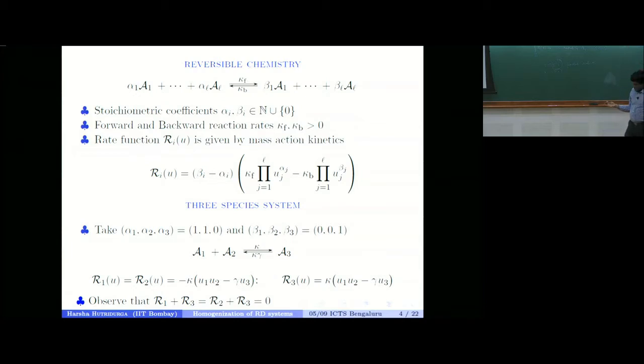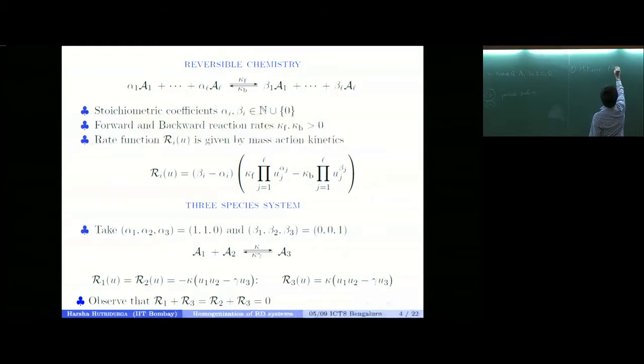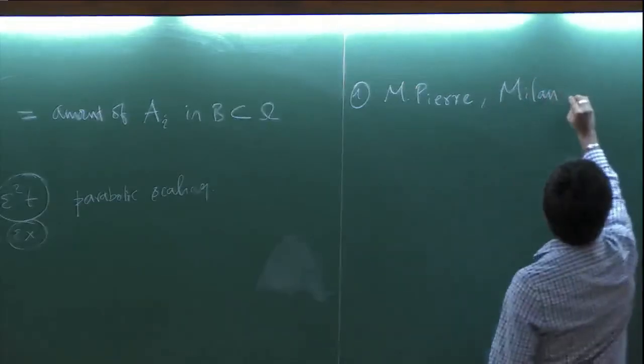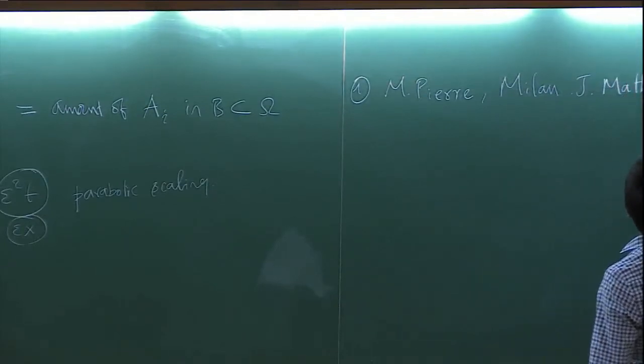There are works in the literature where they take these reaction diffusion systems and take the same diffusivity for everybody and study the nonlinear reaction diffusion systems. Life is easier there. When the diffusivities are different for each of the species, it's very hard. And if such questions interest you, I welcome you to consult this review paper, which was written by Michel Pierre in the year 2010.